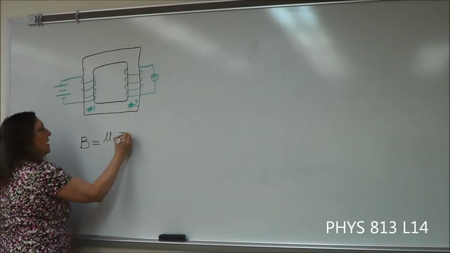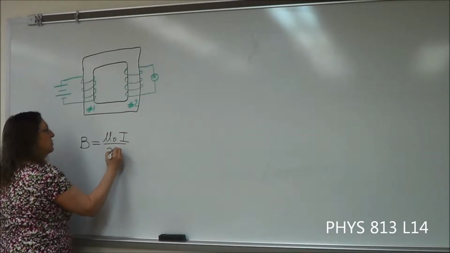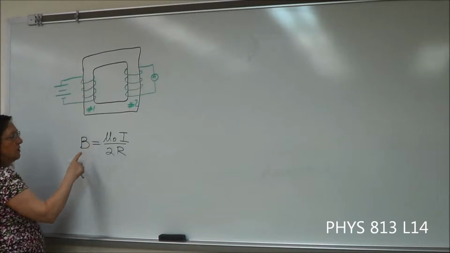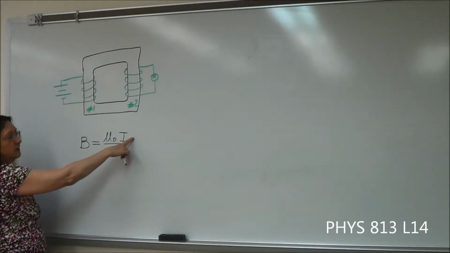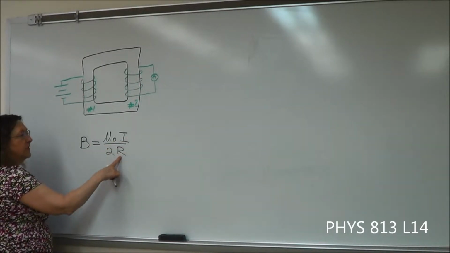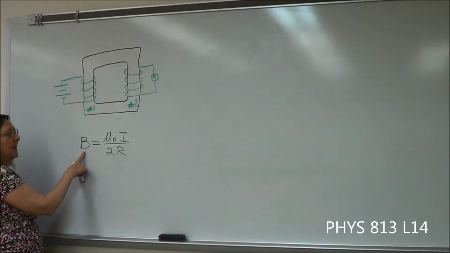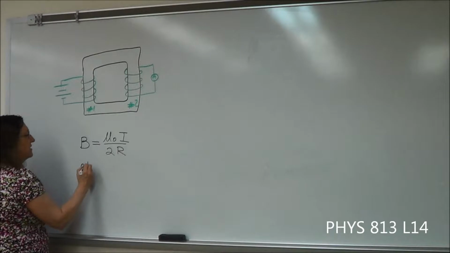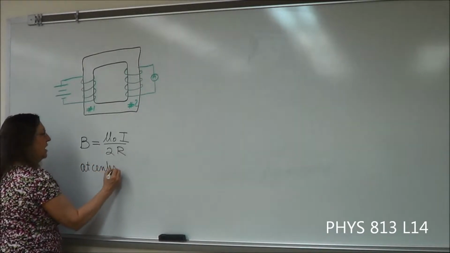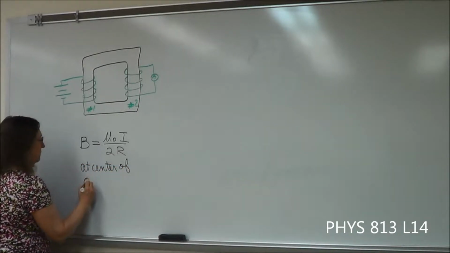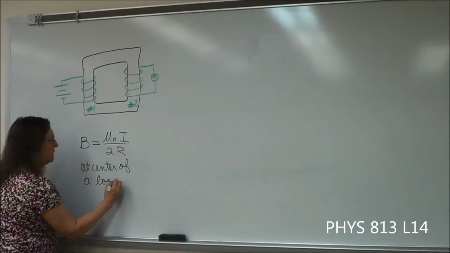is mu 0 I over 2R. Mu 0 is a constant, I is current, which we've used before. Now this R is the radius of the circle. So this is the magnetic field at the center of a loop. Okay?